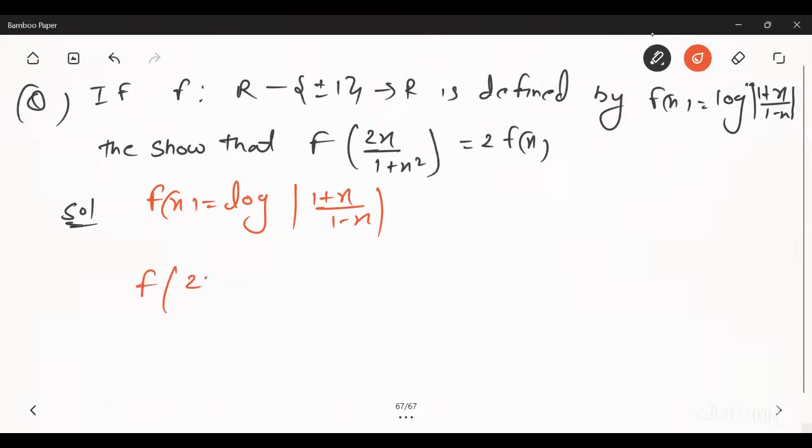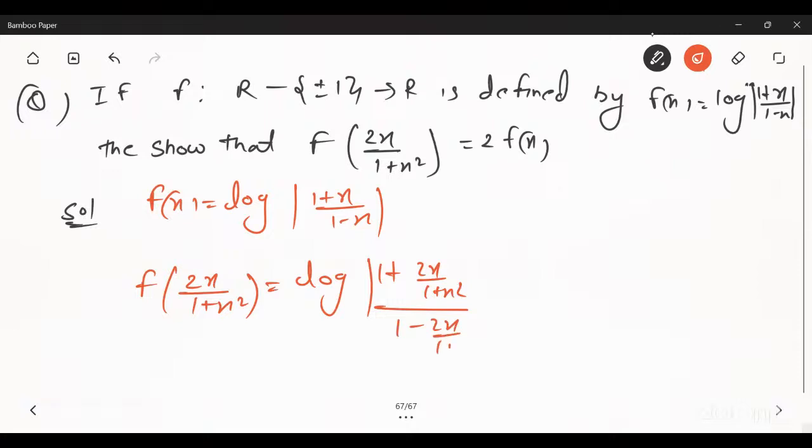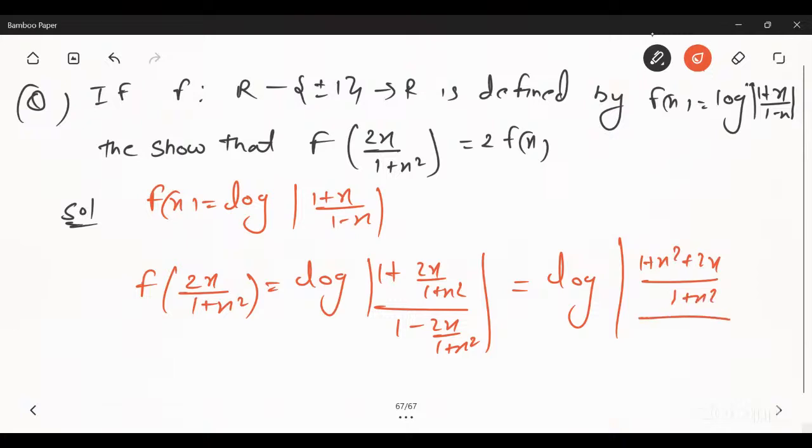So f of 2x upon 1 plus x square is equal to log of 1 plus 2x upon 1 plus x square upon 1 minus 2x upon 1 plus x square. So you will get log mod of 1 plus x square plus 2x upon 1 plus x square upon 1 plus x square minus 2x upon 1 plus x square.